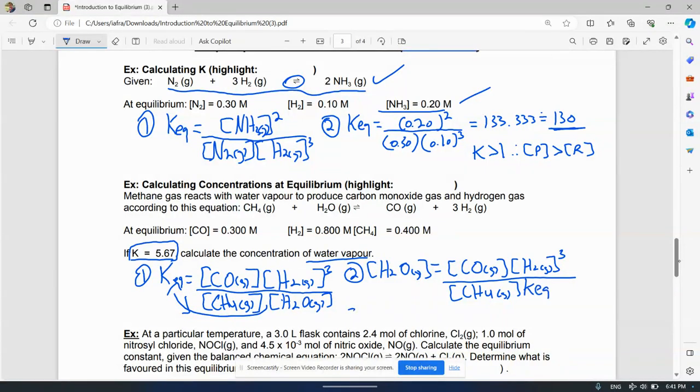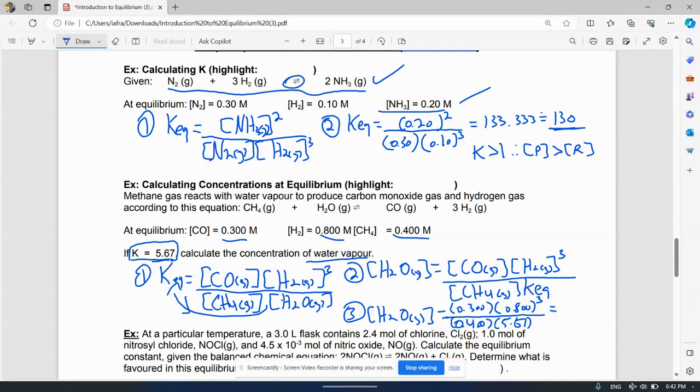And so we can just plug our numbers in now. So the concentration of H2O gas is equal to, so let's see, CO is 0.300 times H2, which is 0.800 cubed, over CH4, which is 0.400 times the 5.67. It looks like my smallest number of sig figs is 3. So when I put my final answer, it'll be to 3 sig figs.